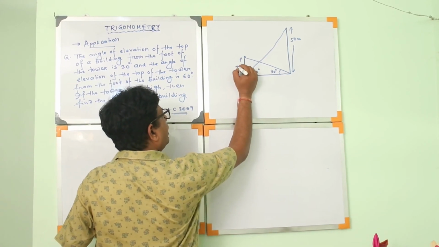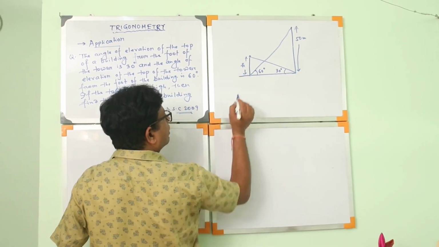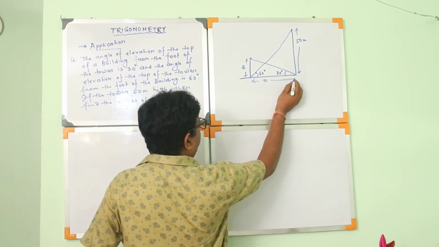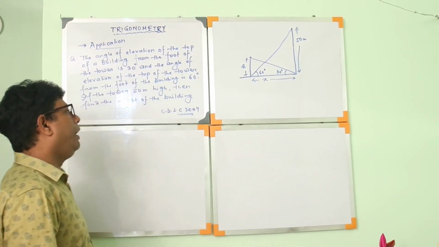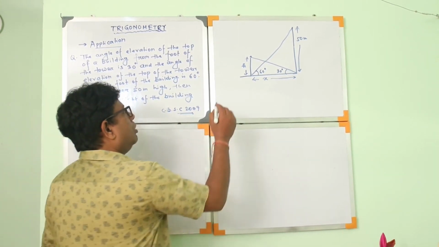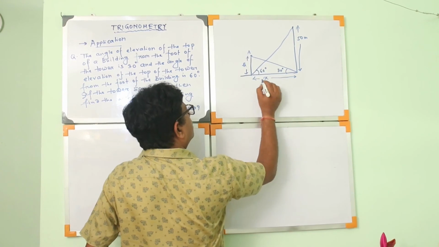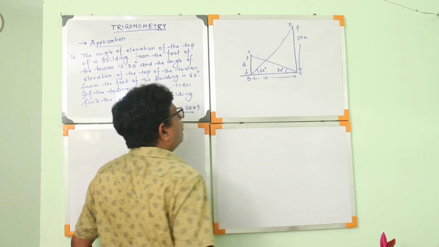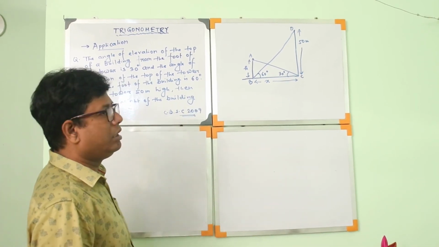Consider the height of the building is h, and this is x. x is the distance between the building and the tower. So this is A, B, C and D. First we consider ABC.